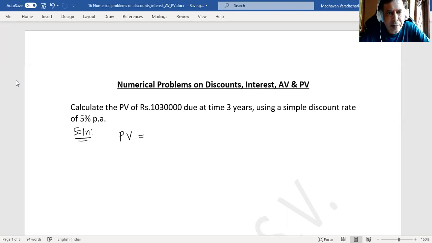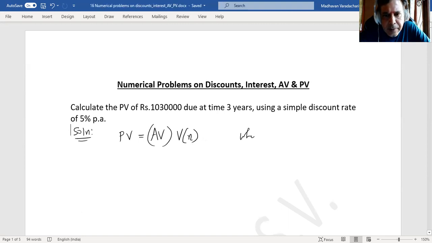So first of all, we are supposed to calculate the present value. We had already seen present value can be calculated by considering the accumulated value times the discount factor, where AV is accumulated value and V of N is the discount factor.